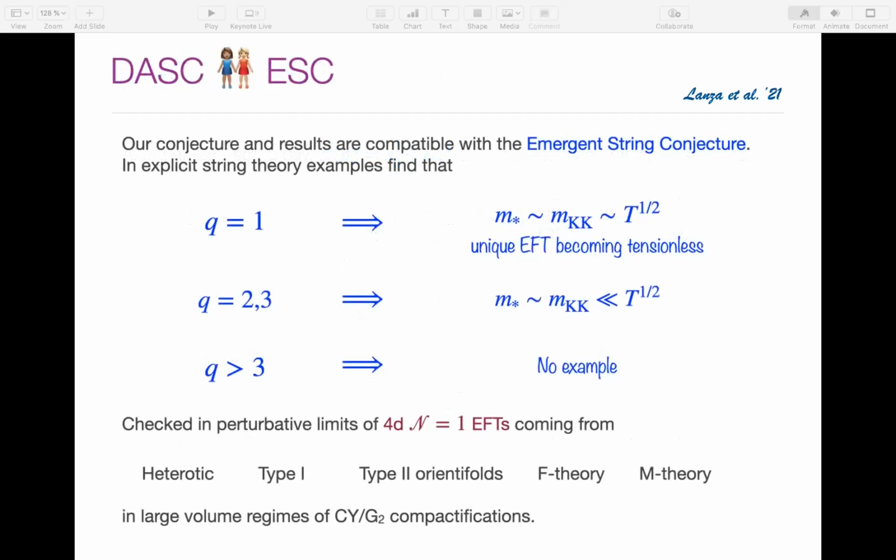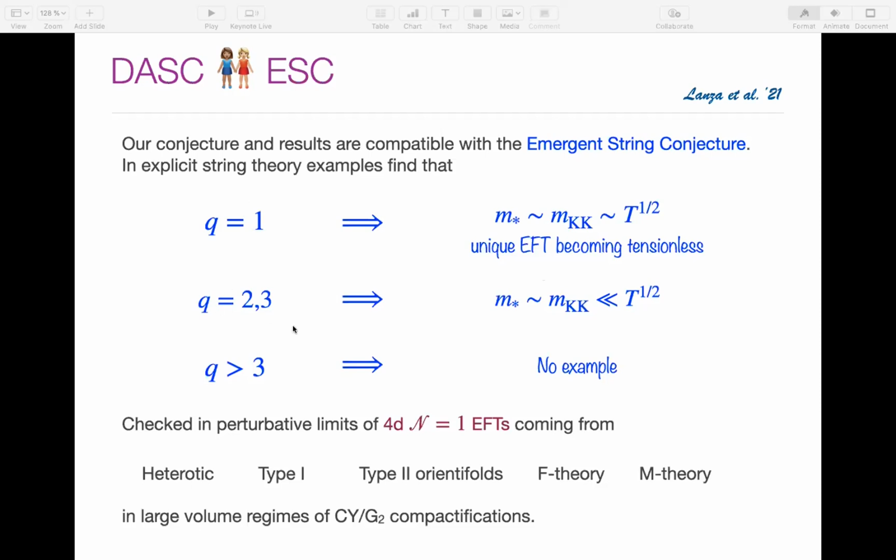The second observation is a nice marriage between this axionic string distance conjecture and the emergent string conjecture. They do not imply each other, but they are complementary, in the sense that if this integer number is equal to 1, as I said, the emergent string is the EFT string, and we have checked in all the examples that we looked at that when this happened, there was a unique EFT string becoming tensionless.